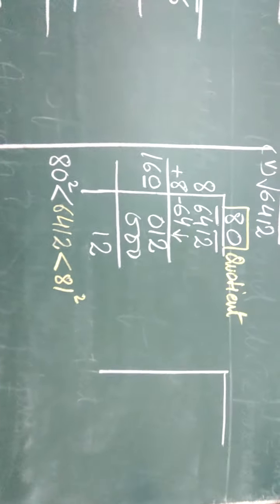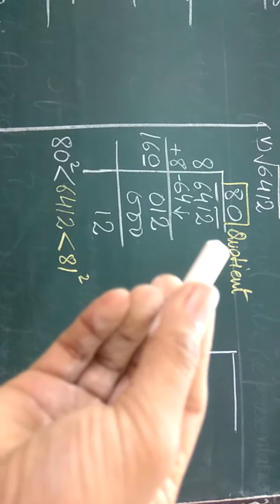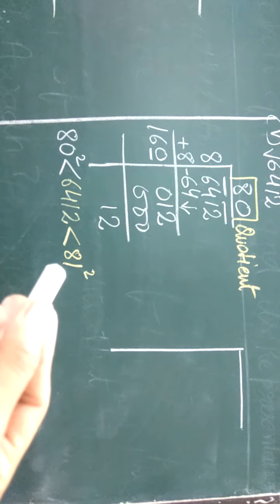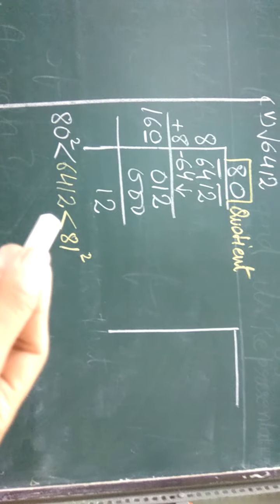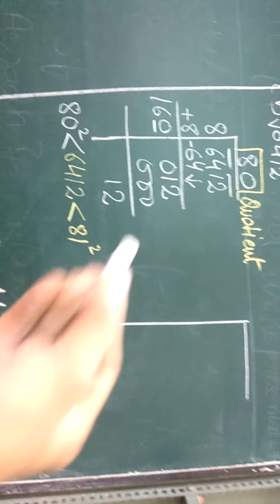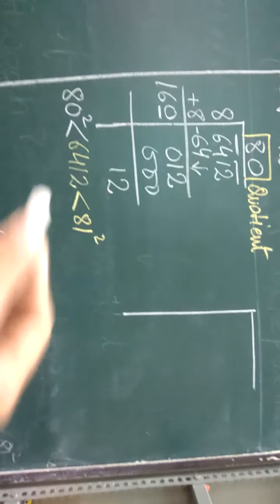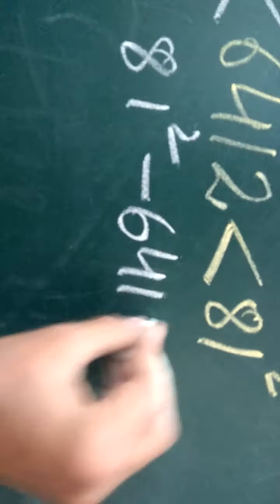Okay. Now next part, last part, the quotient is 80. So we have taken a number greater than this. 80 square is less than 6412, which is less than 81 square. We have to go to the bigger one, so we have to subtract these two. So what do we write? 81 square minus 6412.